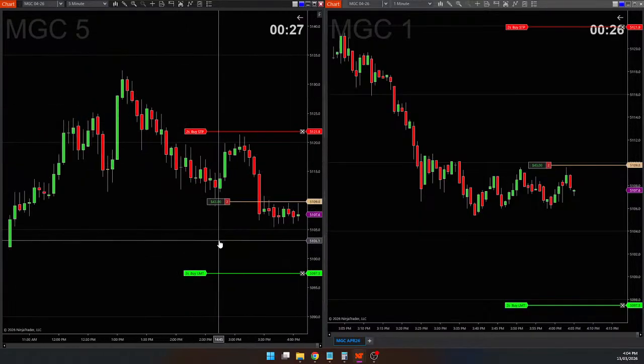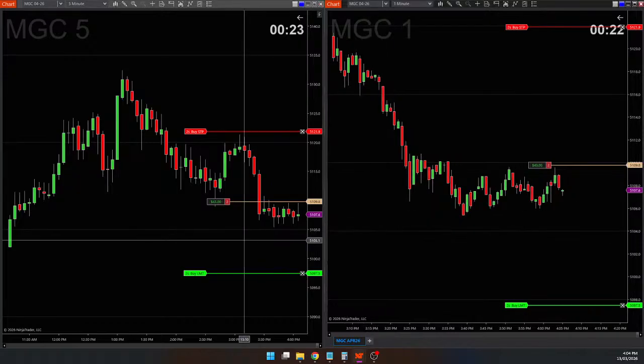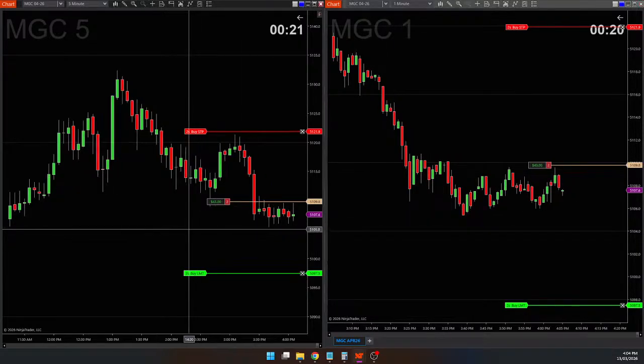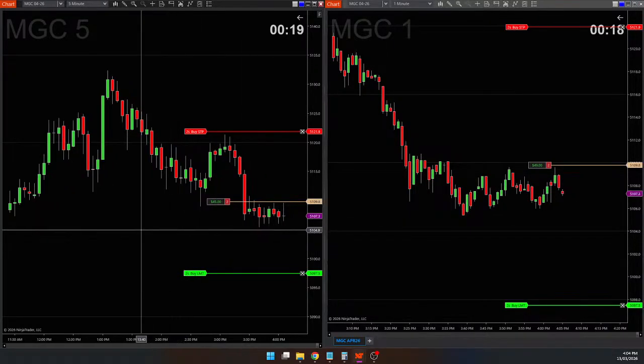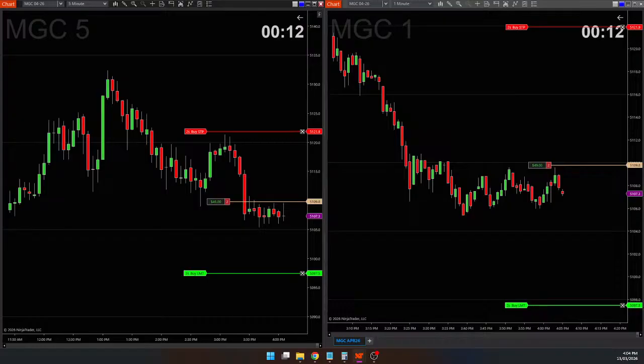Then I zoom into the 5-minute and the 1-minute to time better entries on pullback continuations. And yeah, just a lot of waiting, a lot of waiting.